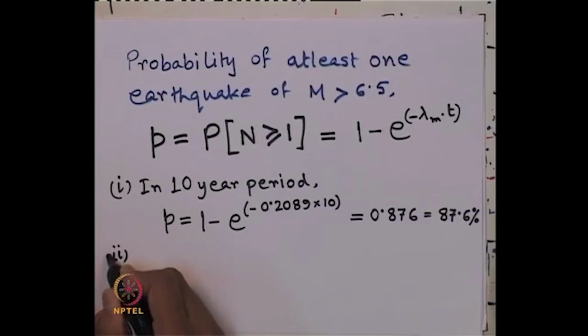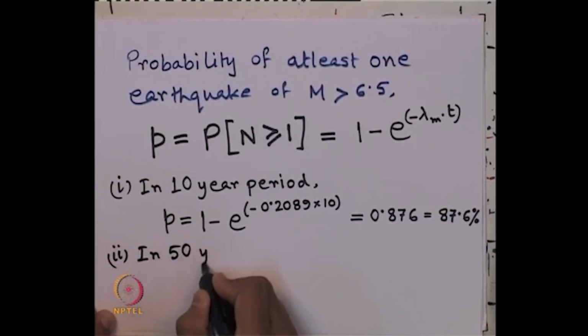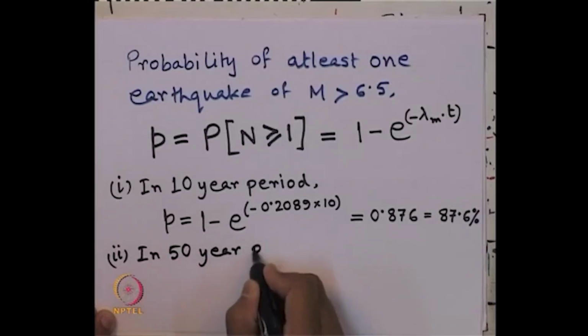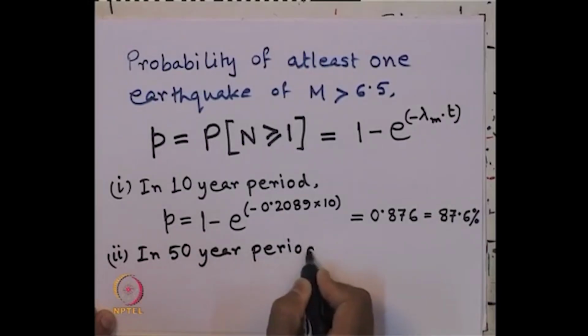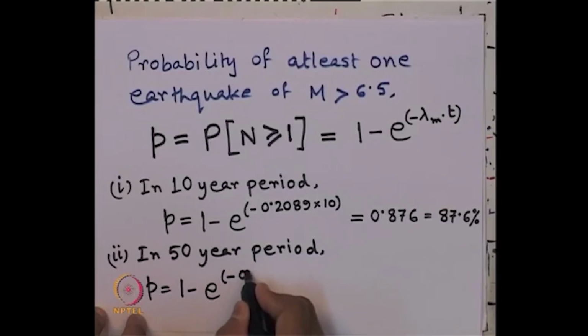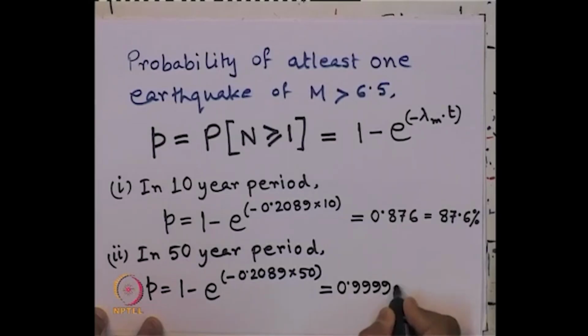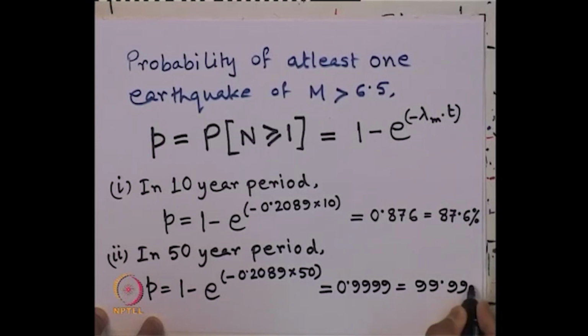Next one is the 50-year period. In the same way, you can use e to the power minus 0.2089 into 50. On simplification, you will get 0.9999. So, it is nothing but 99.99%.